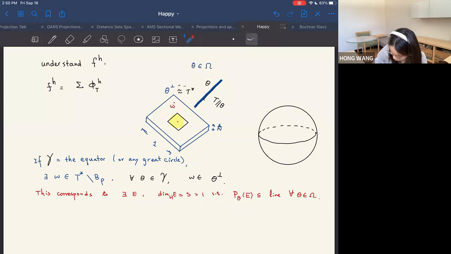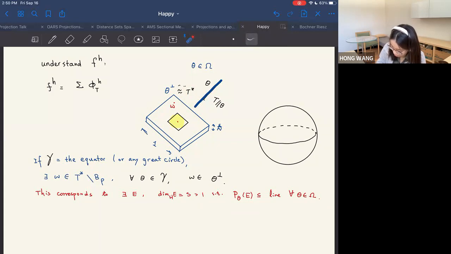So this is like a plane slab. This is our T star. By definition, T star is, roughly speaking, the perpendicular plane of theta.